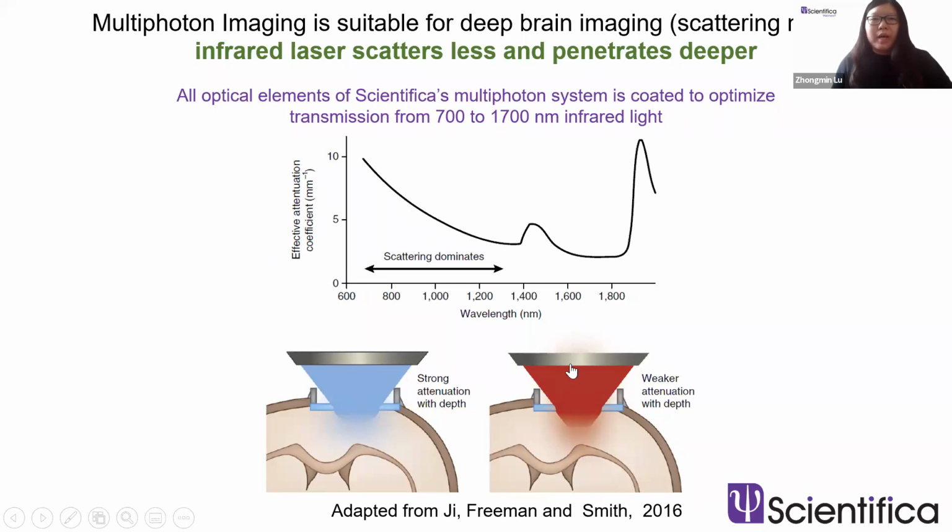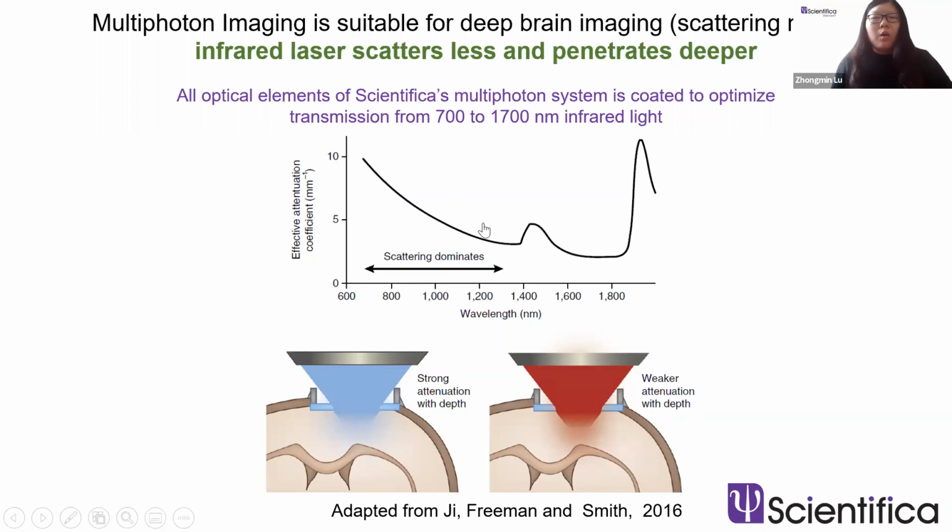Because it scatters less, it can penetrate deeper. I want to mention here that all optical elements of our multiphoton systems are currently coated to optimize transmission from 700 all the way to 1700 nanometer infrared light.